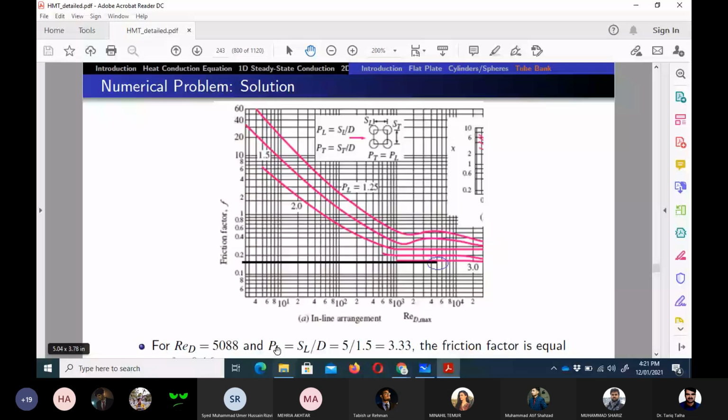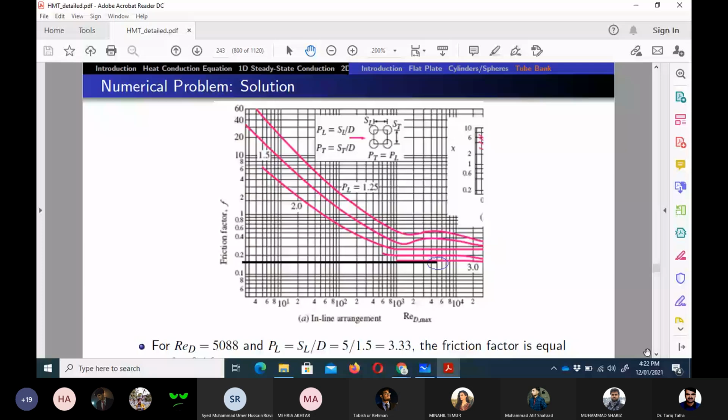Now you can see that we have got the curve for 3, but there is no curve for 3.33. So all we can do is take the data from curve 3. If we draw a vertical line here, it intersects the PL line 3, and then if we draw a horizontal line, we can see that the value of friction factor comes out to be around 0.18, or 0.17 would be equally good.